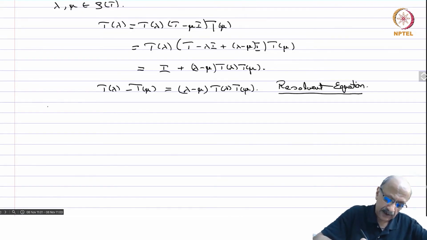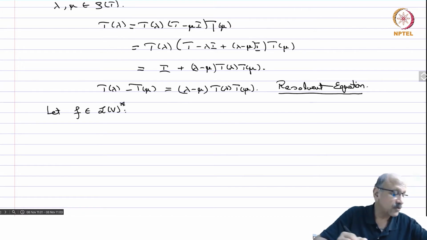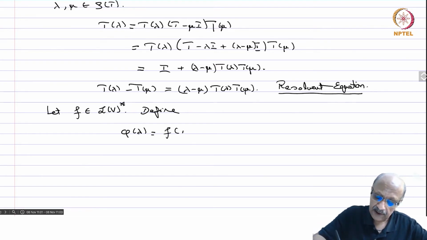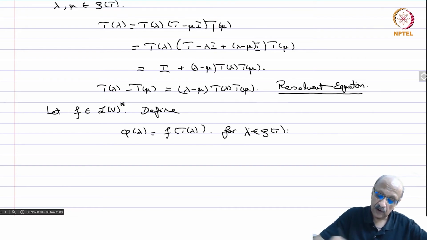So now let f be a continuous linear functional on LV. So f belongs to LV star. Define phi of lambda equals f of T_lambda for lambda belonging to rho T. So it's defined on an open subset of the complex plane, and you get this.